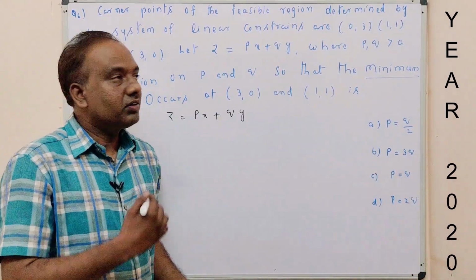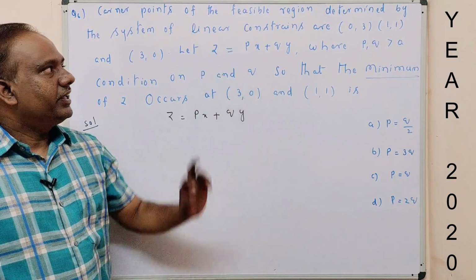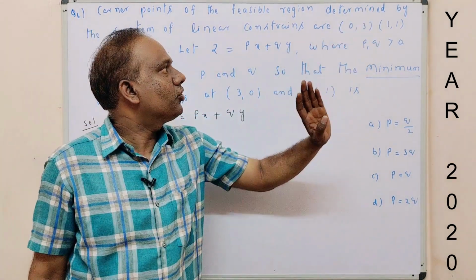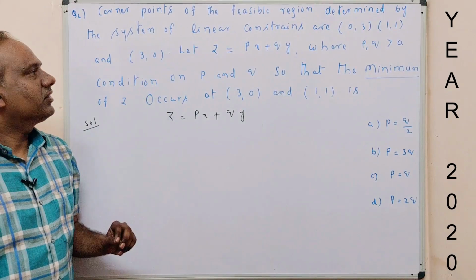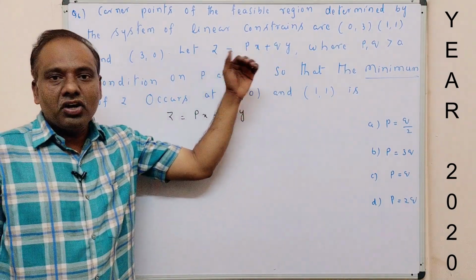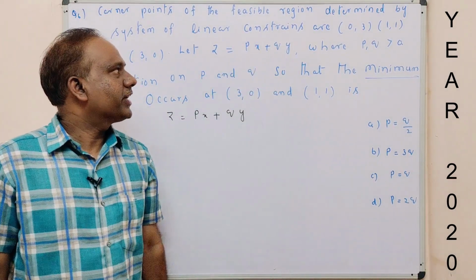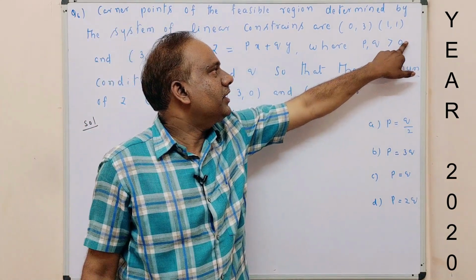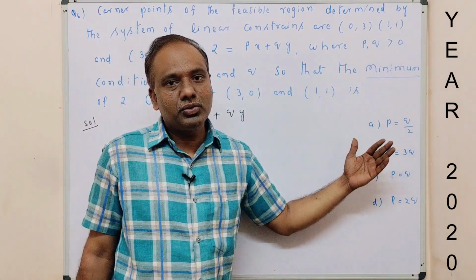So, here the question is, in the feasible region, these are actually the corner points: 0 comma 3, 1 comma 1, 3 comma 0, and the objective function is z is equal to px plus qy, and p comma q greater than 0. Greater than 0 means both are actually positive numbers.